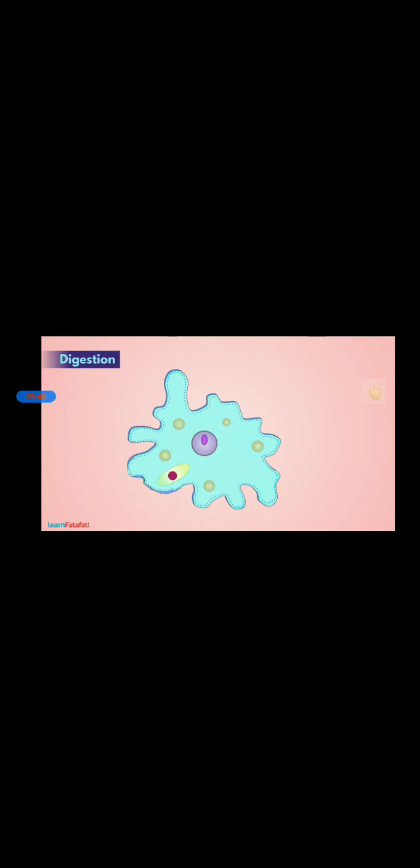Digestion. The cell contains jelly-like liquid called cytoplasm. From cytoplasm, digestive enzymes are secreted in the food vacuole. These enzymes act on the food particle and convert them into simpler substances. Absorption. The simpler substances get diffused into the cytoplasm. This is called absorption. The undigested waste remain in the food vacuole.